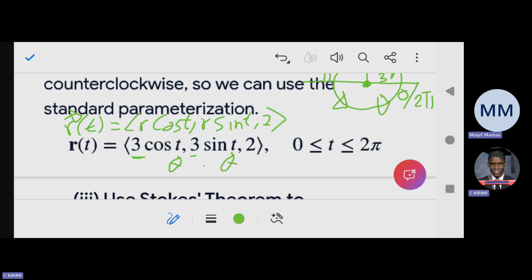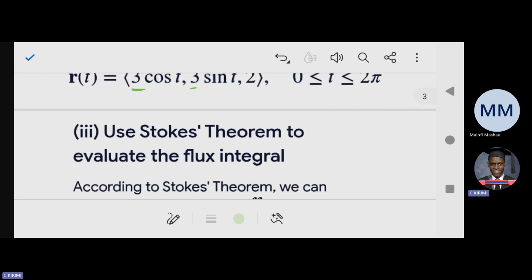So the theta is ranging from 0 to 2 pi, which is 360 degrees, but instead of using theta, they are using t. So now use Stokes' theorem to evaluate the flux integral. Everything has been set.